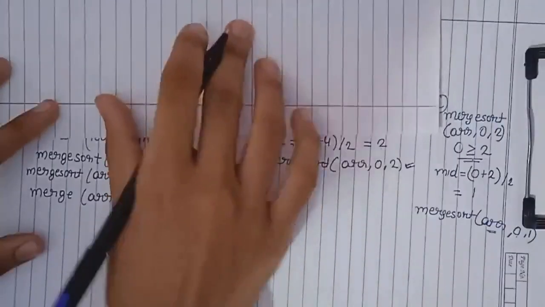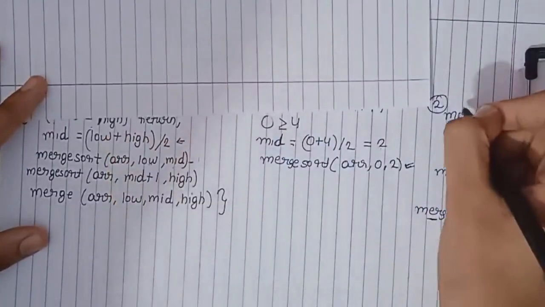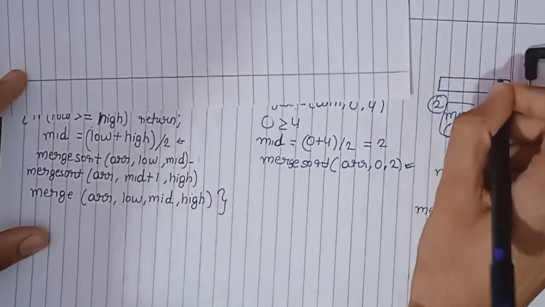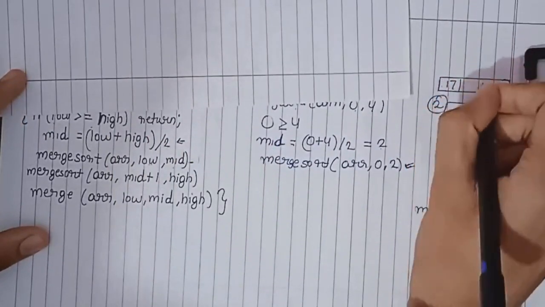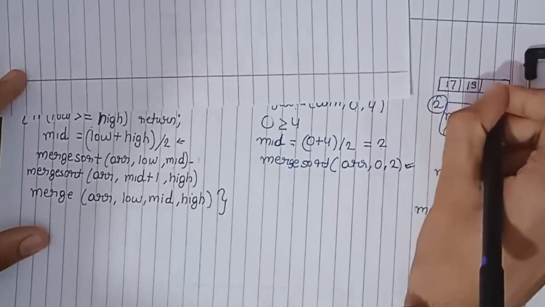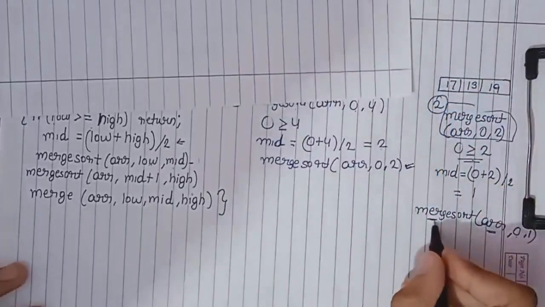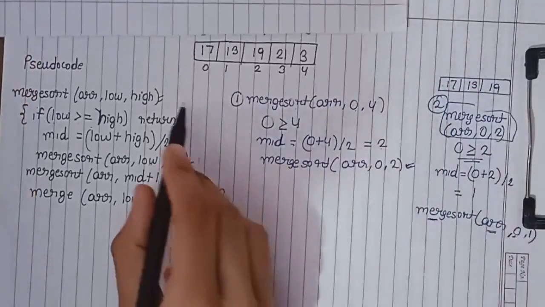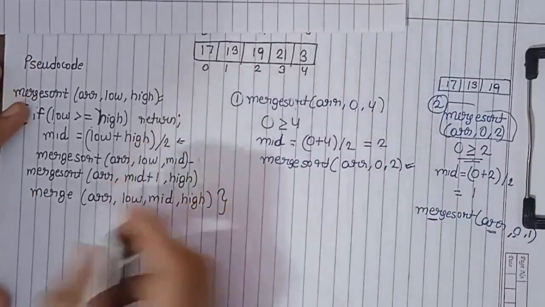So at this stage, as I've told you, the array that I have was 17, 13, 19, and now after this call the control will again go to this line.